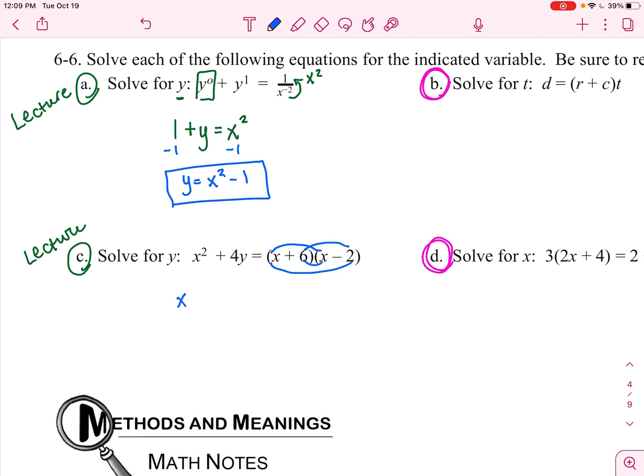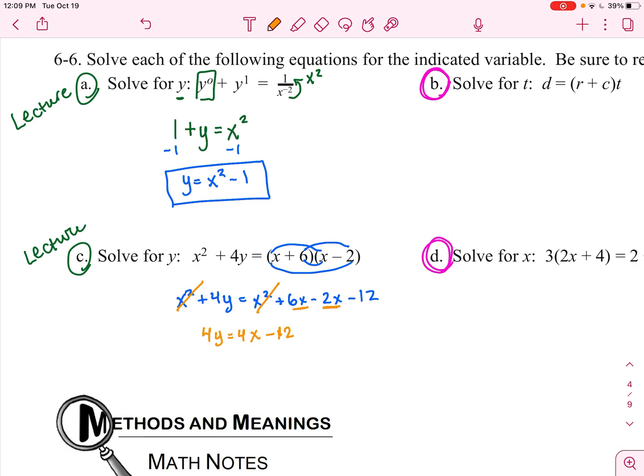And then C, make sure you FOIL this out. All right, so we have x squared plus 4y equals x squared plus 6x minus 2x minus 12. Interesting. The x squareds are going to cross out on both sides. So now I'm left with 4y equals, well, 6x minus 2x, those are like terms, let's combine them, equals 4x minus 12.